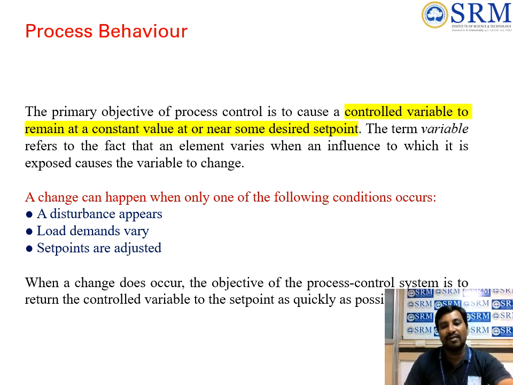A change can happen when one of the following conditions occurs: a disturbance appears, the load demand varies, or set points are adjusted. When a change does occur, the objective of the process control system is to return the controlled variable to the set point as quickly as possible.